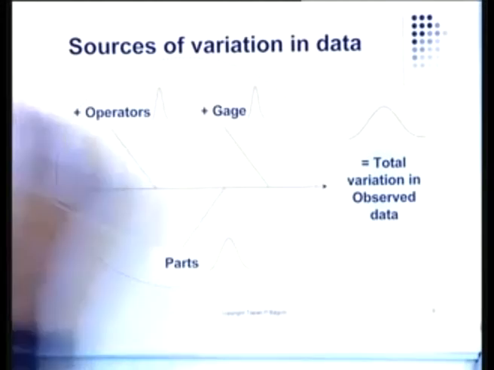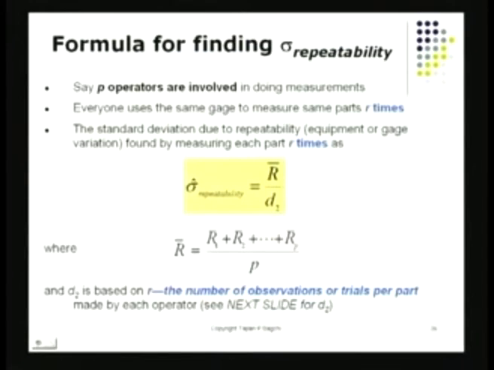Let's come back to the screen here again, and I have here what we call repeatability. Notice the formula shows that sigma is the standard deviation in gauge to gauge measurement, repeated measurements, application of the same gauge. What is this quantity called R bar to the right?